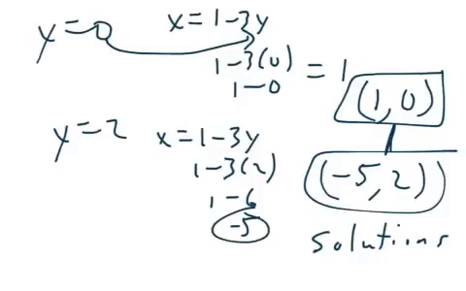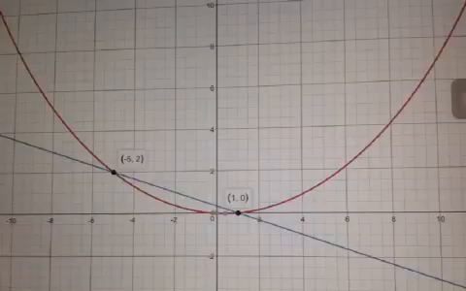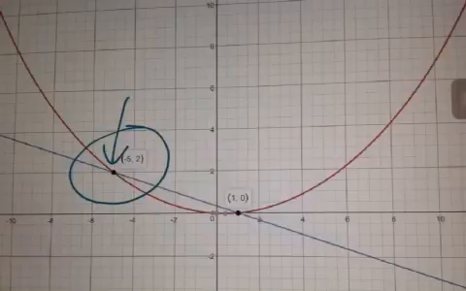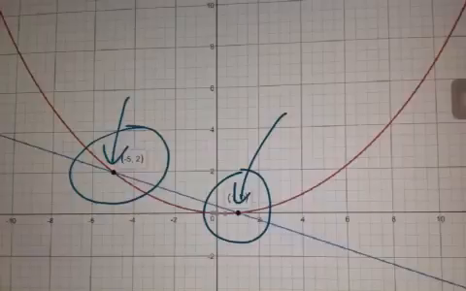Now, putting it all together, guys, please pause the video, by the way, right now if you need to, because I'm going to change screens. But putting it all together, notice here's the actual graph. And if you notice here, right there is where they cross, as well as right here is where they cross.